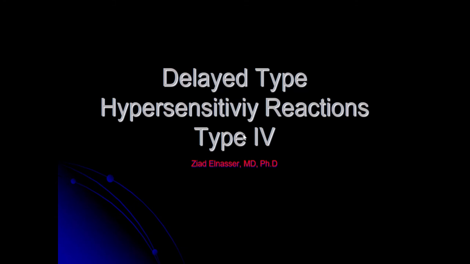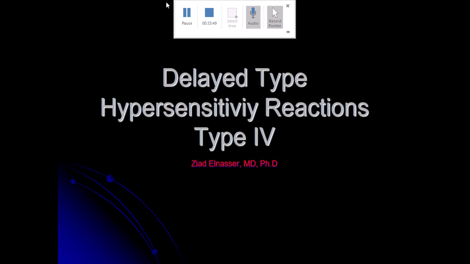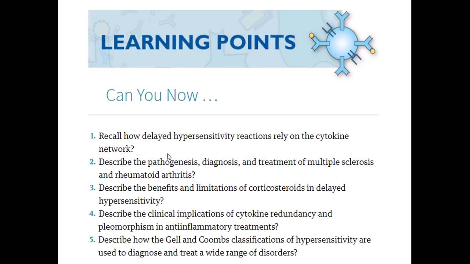So it is so important to know the types of diseases that activate type 4 hypersensitivity reaction, the consequences that will follow, and the mechanism of the tissue damage that will be involved here. In the delayed type hypersensitivity reaction, we have many objectives that you have to know. You have to recall how delayed hypersensitivity reactions rely on the cytokine network.